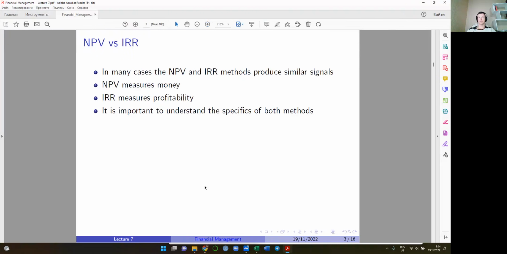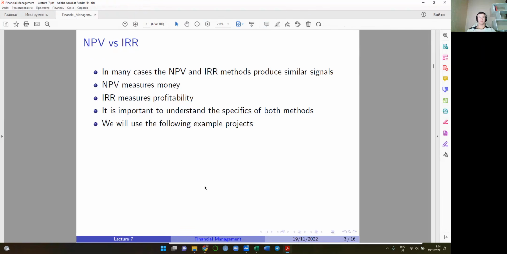So we need to understand the specifics of both methods in order to prevent the situation when these two criteria give us contradictory signals: when NPV says choose project A and internal rate of return says choose project B.